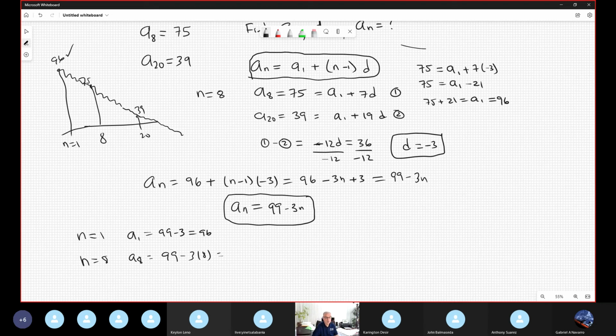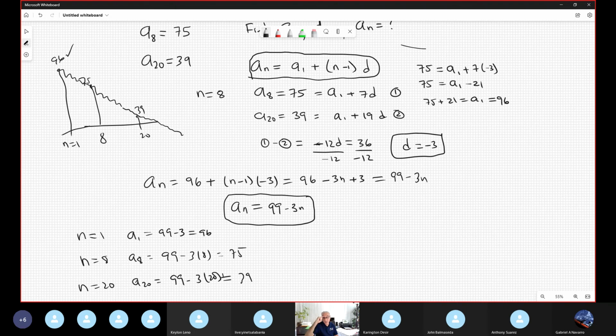Good. Now for n equal 20, A sub 20 is 99 minus 3 times 20. 3 times 20 is 60, and 99 minus 60 is 39. Wow, fantastic.